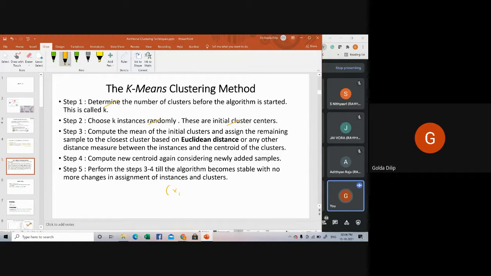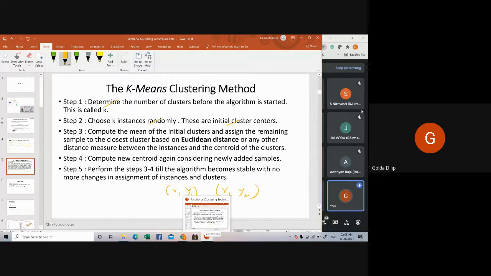I hope you remember the Euclidean distance: square root of (x1 minus x2) whole square plus (y1 minus y2) whole square. Then compute the new centroid considering the newly added samples. Repeat steps 3 and 4 till the algorithm becomes stable.